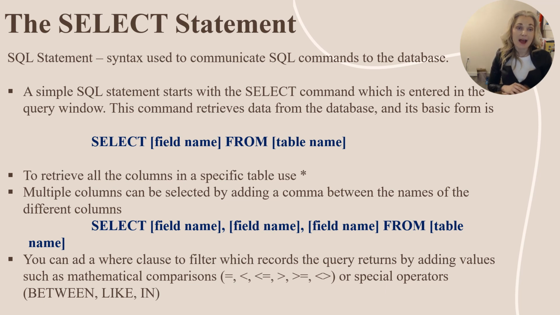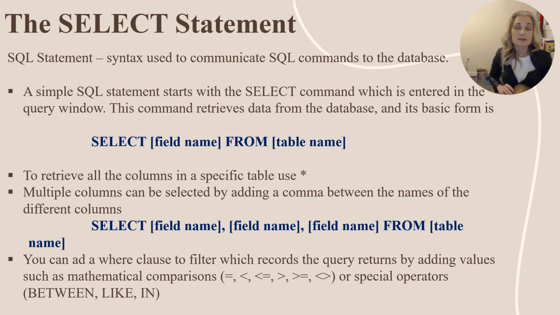Let's look at an actual select command. So remember that SQL statements are just syntax used to communicate SQL commands to the database. And a simple SQL statement starts with the term select, which is entered in the query window. And this command retrieves data from the database.